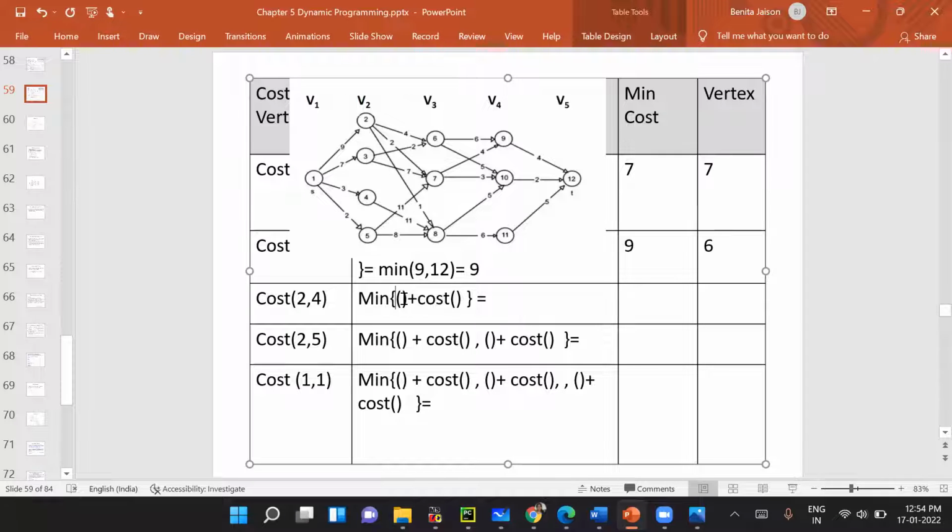What is the cost of that edge? 11. And what is the cost of vertex 8? From the table you can see it is 7. So 11 plus 7 is 18. The minimum cost is 18 and it is from vertex 8.